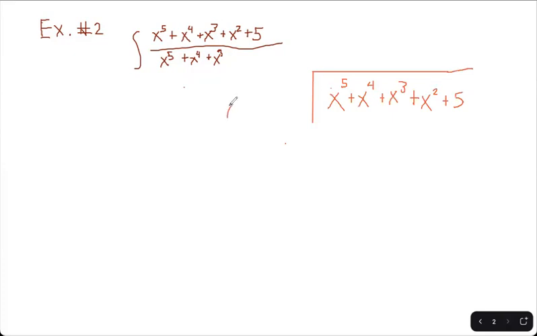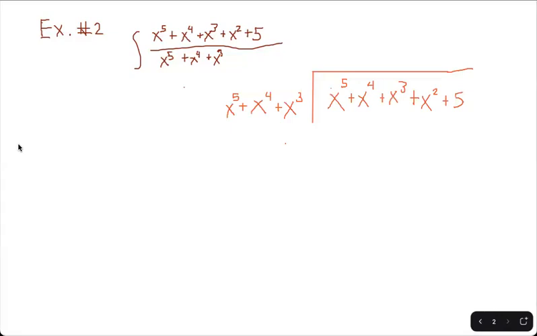And then the bottom is going to go outside: x fifth plus x fourth plus x cubed. How would we remember this?